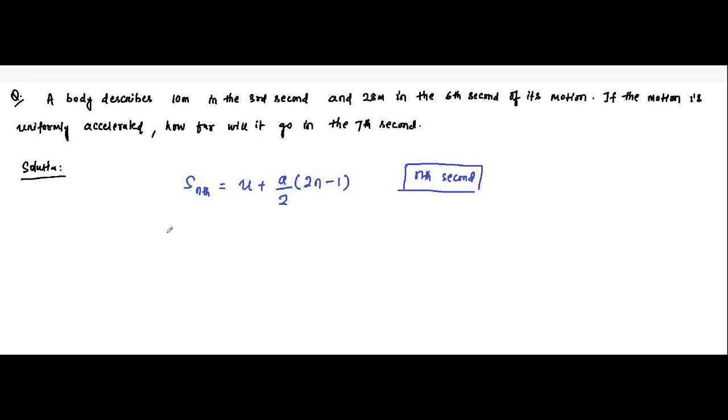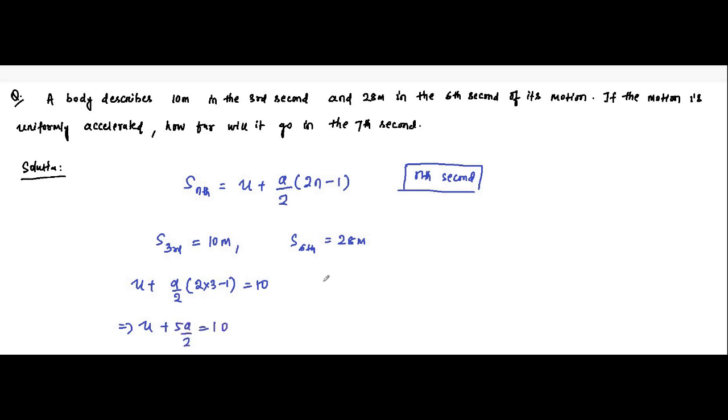So here it is given that S3, in the third second, it is 10 meters, and in the sixth second it is 28 meters. That implies S3 is nothing but u plus a by 2 into 2 into 3 minus 1, that is equal to 10. That implies u plus 5a by 2 is equal to 10.